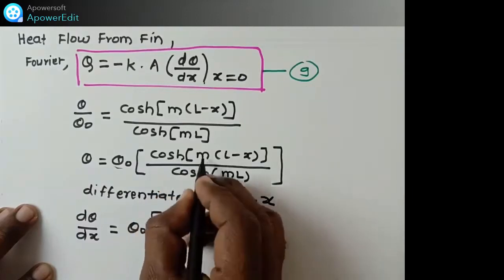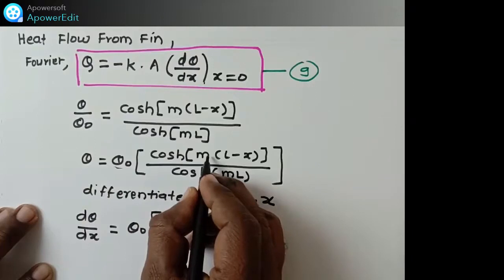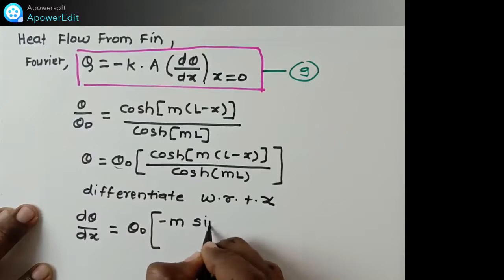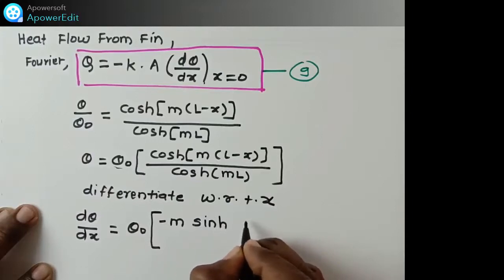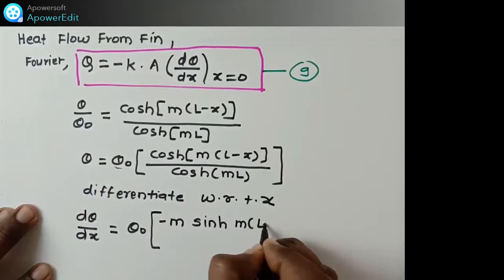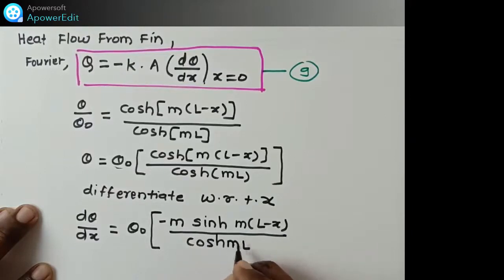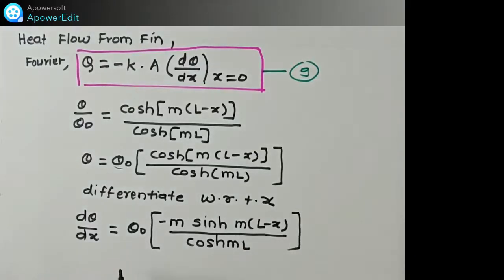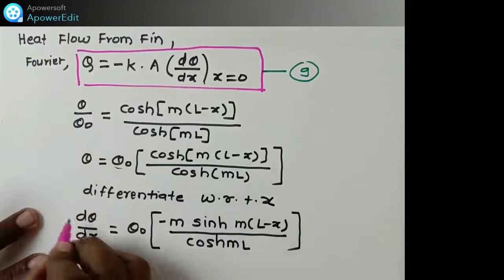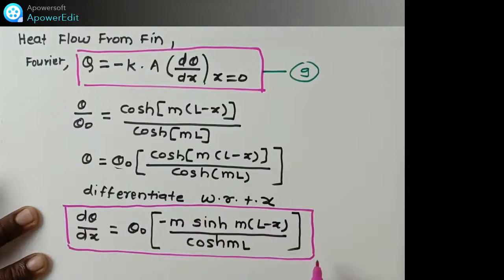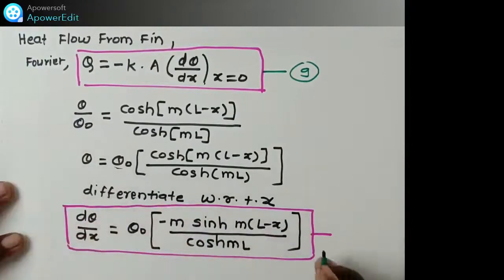Minus sign, and this m will be here, so minus m into sin h m l minus x. In this way differentiation will come, and now this d theta by dx we got. This we will say as equation 10.